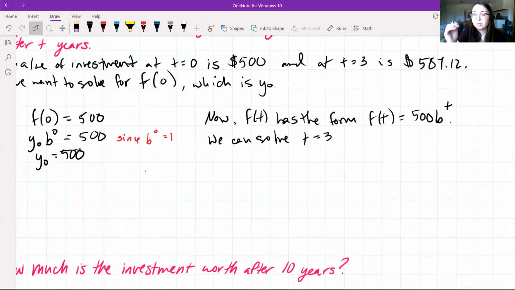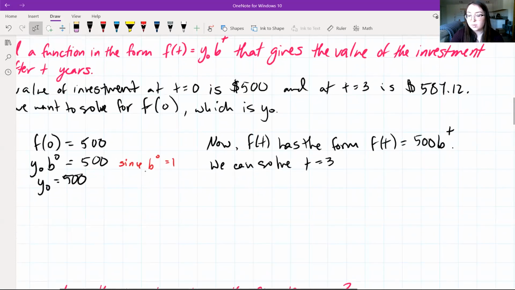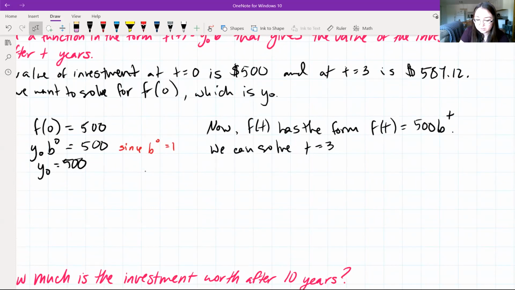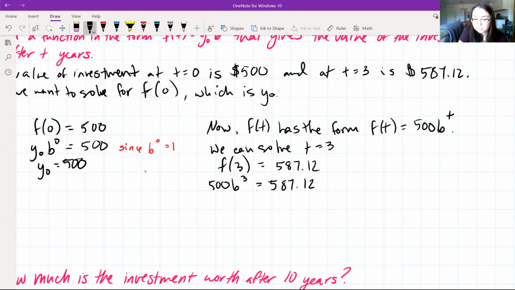Since we know that when t equals 3, we have $587.12, we can say that f of 3 is equal to 587.12. This is the same thing as saying 500 b to the 3rd power is equal to 587.12.